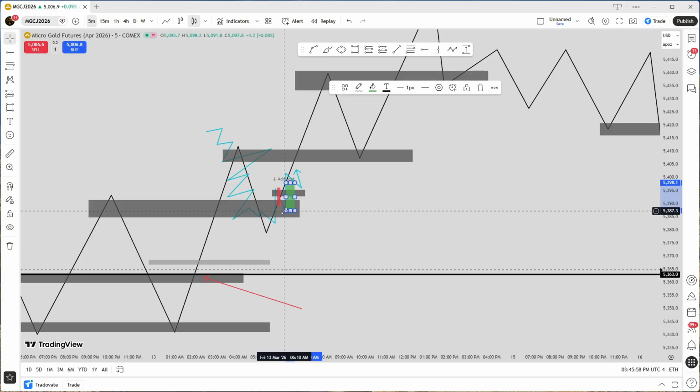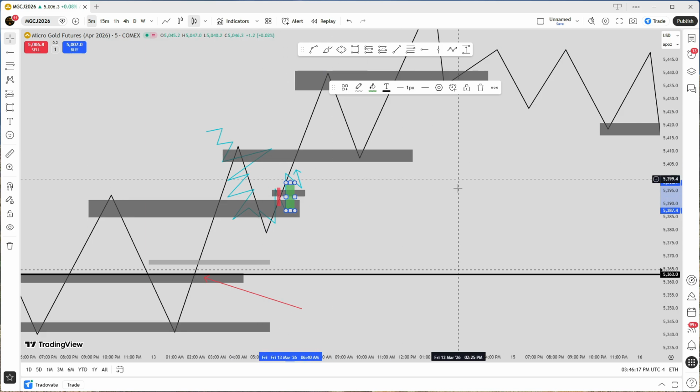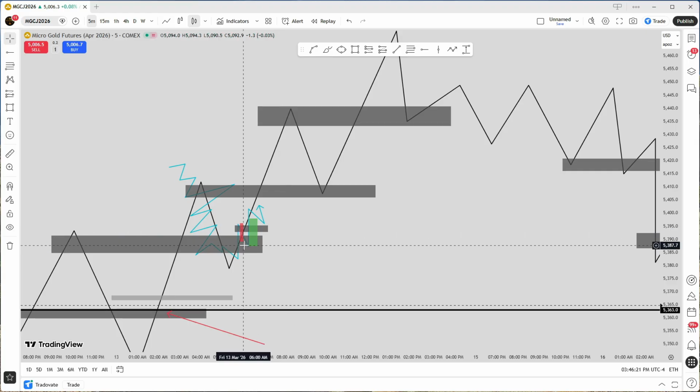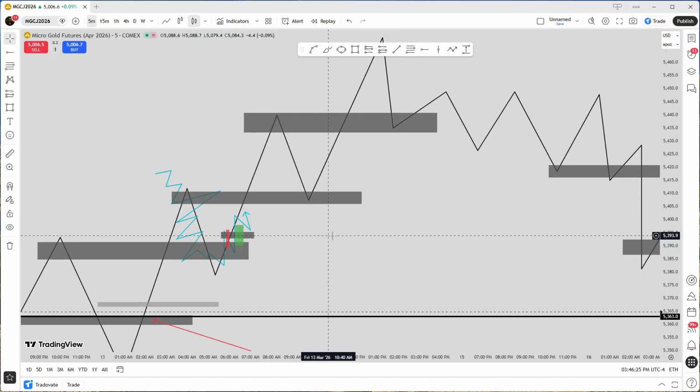When the candle closes above that high, that's confirming that price is no longer in a downtrend. In this case, it's confirming that price is now in an uptrend on the 5 or the 15. And then if you're on the 5, it's going to build into the 15, and the 15 is going to build into the 1 hour, etc. So wait until the candle closes above that area, and you're good for entry.